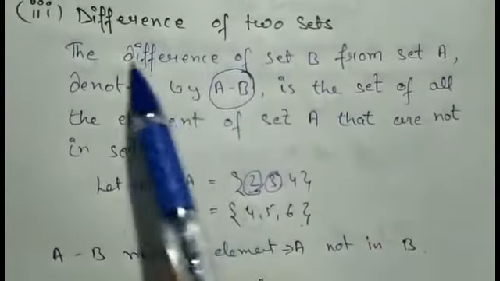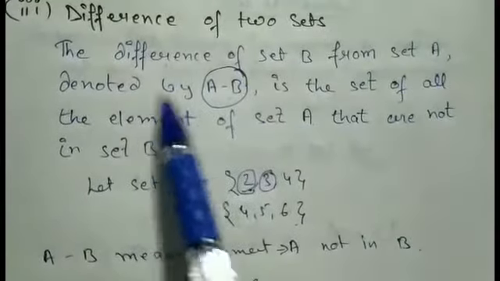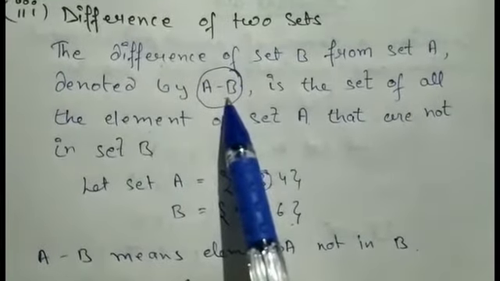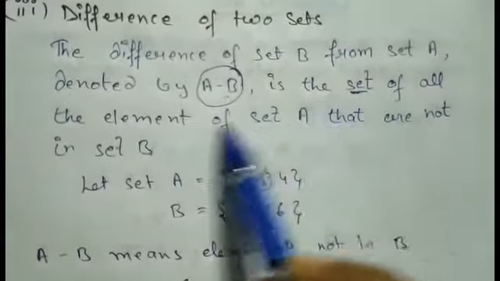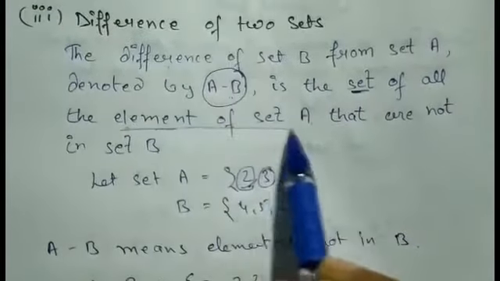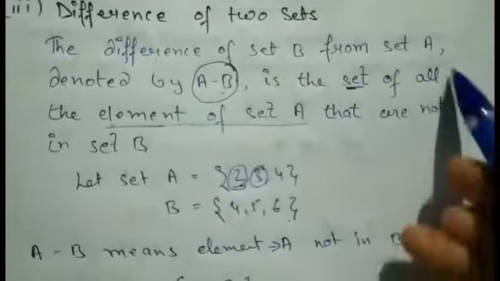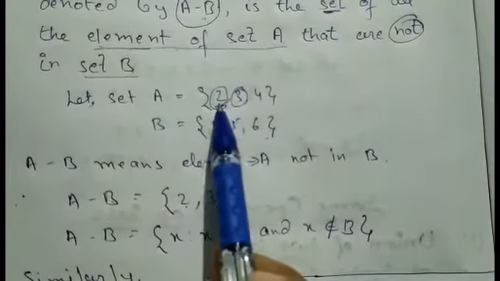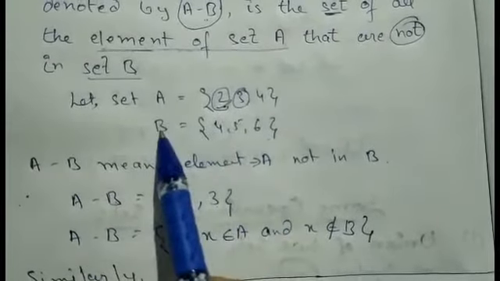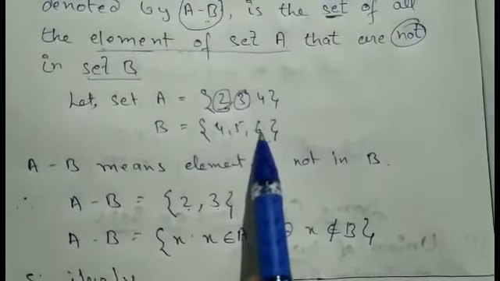Difference of two sets. The difference of set B from set A is denoted by A minus B, and it is the set of all the elements of set A that are not present in set B. Let set A have elements 2, 3, 4 and set B have elements 4, 5, 6.